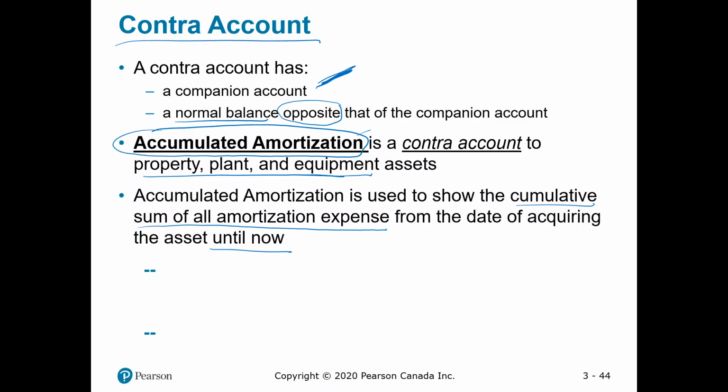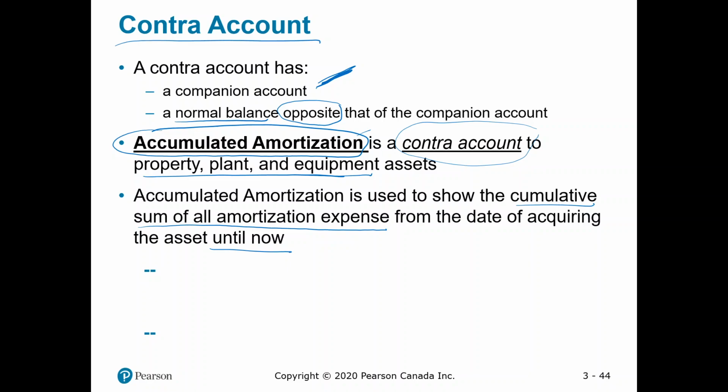But the users of the financial statements will actually want to know what they originally paid for that. What did the business pay for that truck? So we do not want to just decrease the truck account when we allocate the amount to the expense. Instead, we're using this contra account, and it will offset the balance in the truck, and the overall net will show the new balance. So once we look at an example, this will make more sense.